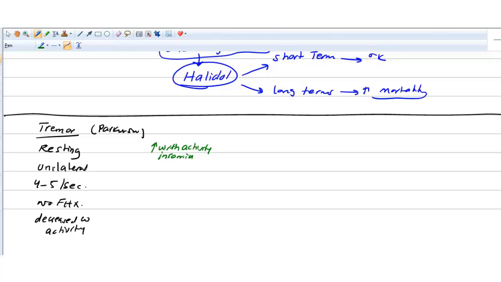That means sleep improves this tremor. Usually this tremor is in the upper limbs more than lower limbs. Usually it is slower than Parkinson, although they still consider it fast. And then family history could be positive.